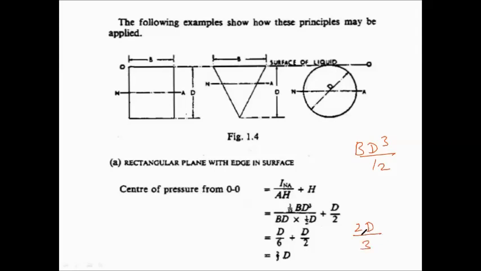Like this, we can do the calculation for the center of pressure for different kinds of shapes of the bulkheads. The same thing we have done for the triangular plane as well as for the circular plane.